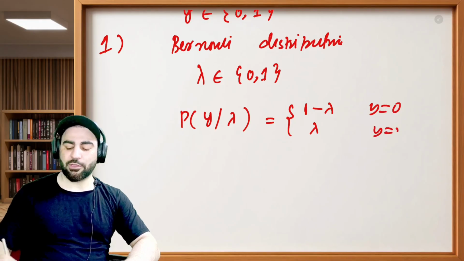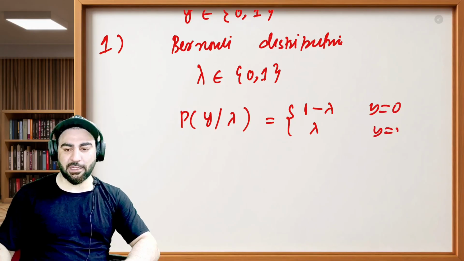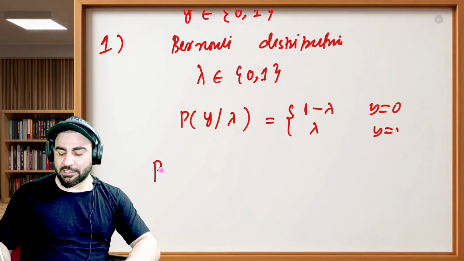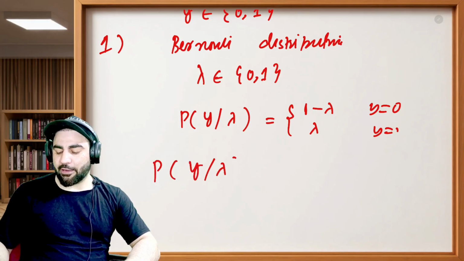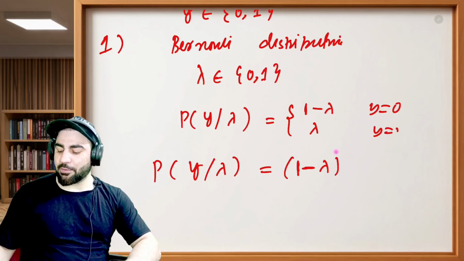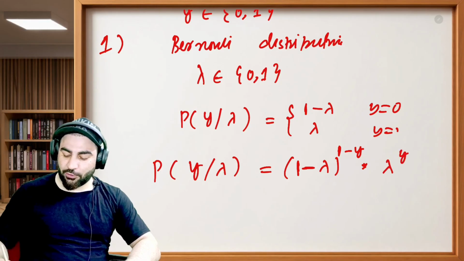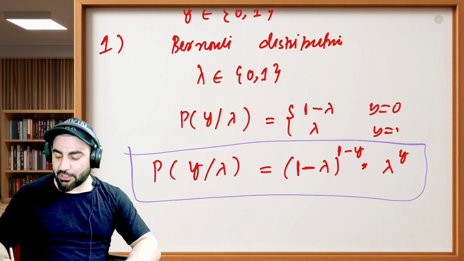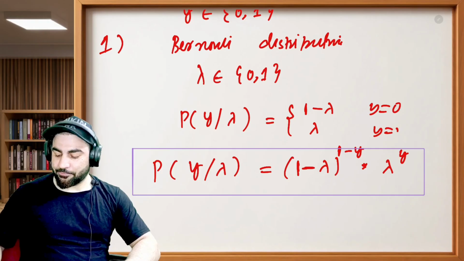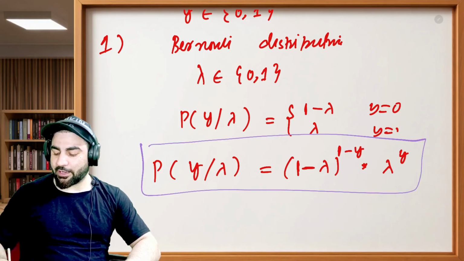This is how we define the probability mass function. Or compactly we can write it like this: probability of y given lambda is equal to (1 minus lambda) to the power (1 minus y), multiplied by lambda to the power y. I think you have seen this previously in the probability classes.